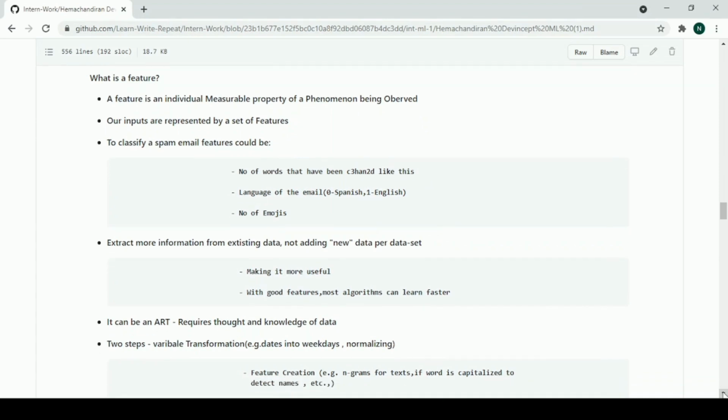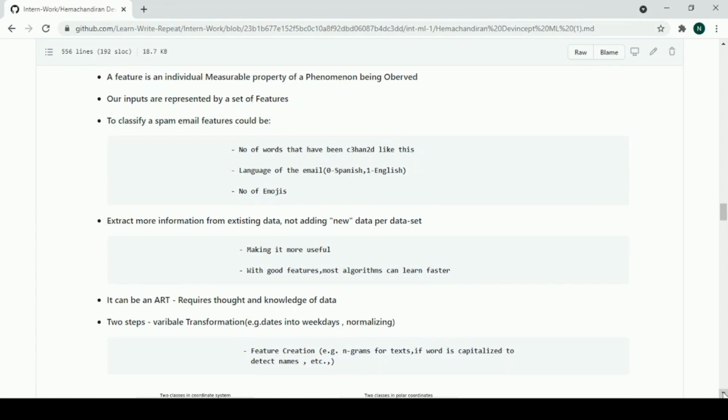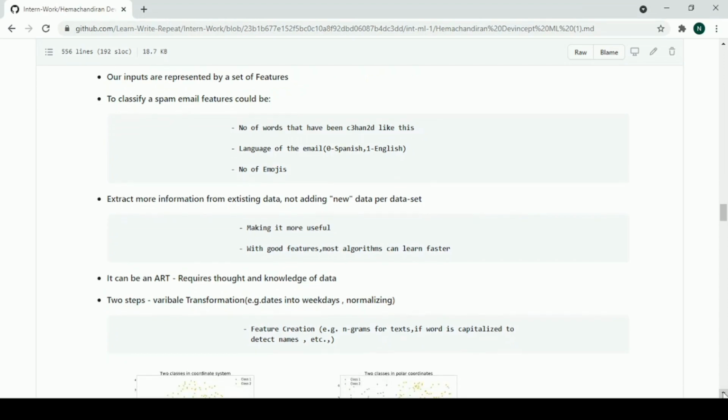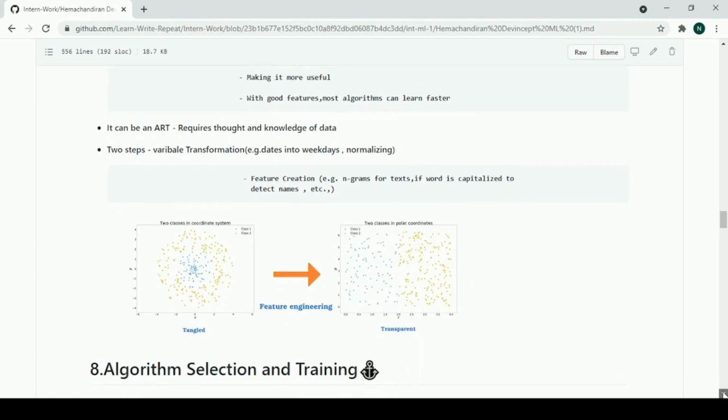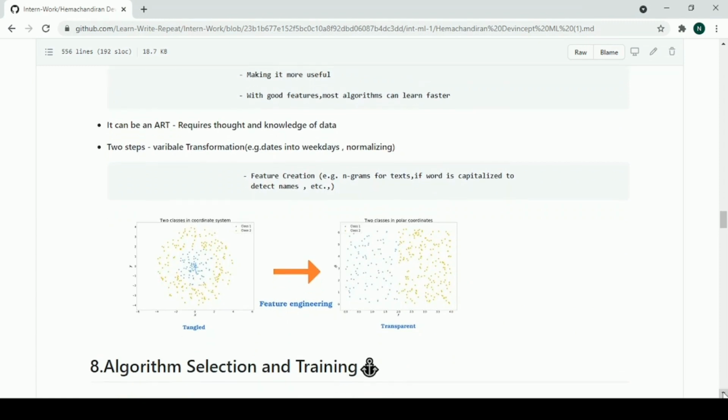Next comes feature creation, for example n-grams for texts, or checking if a word is capitalized to detect names, etc. Now here you can have a view of feature engineering: 2 classes in a coordinate system are tangled, and 2 classes in polar coordinates are separable.